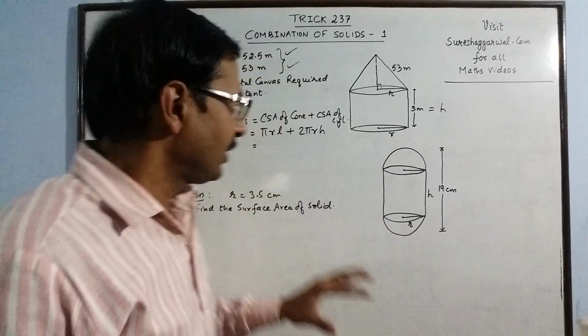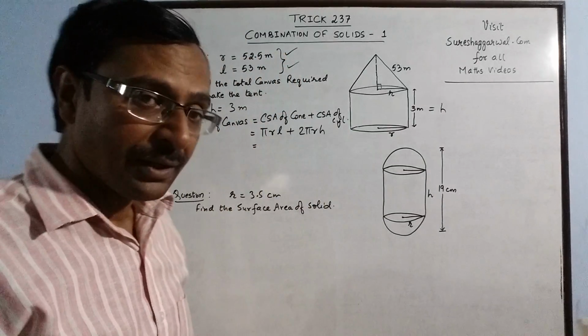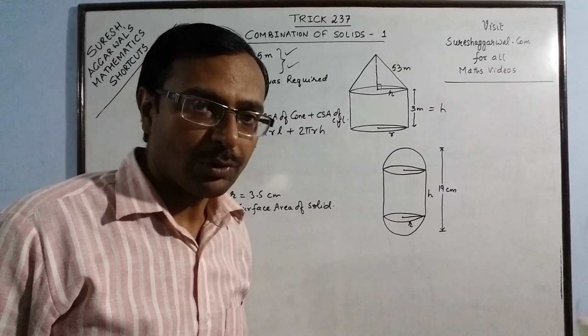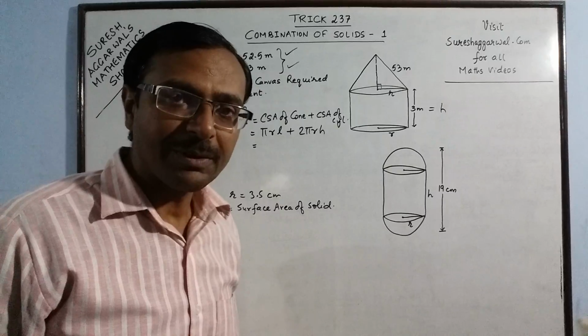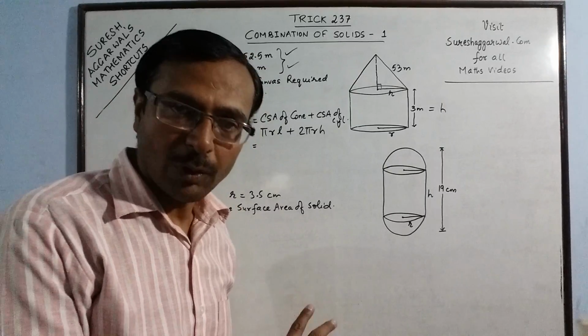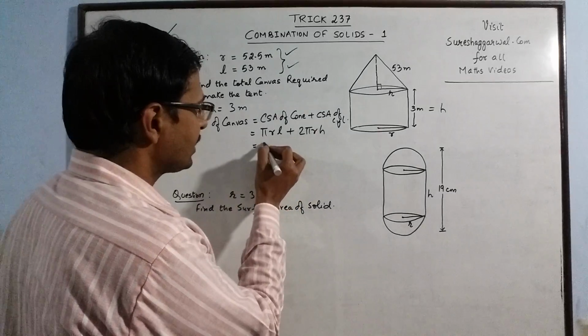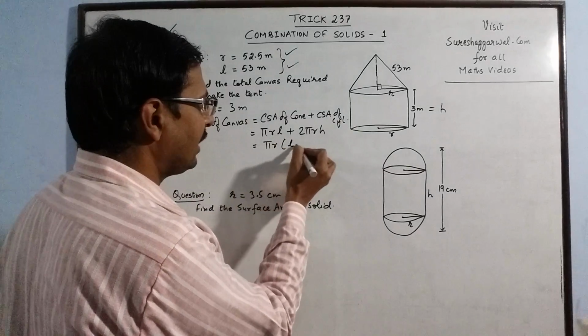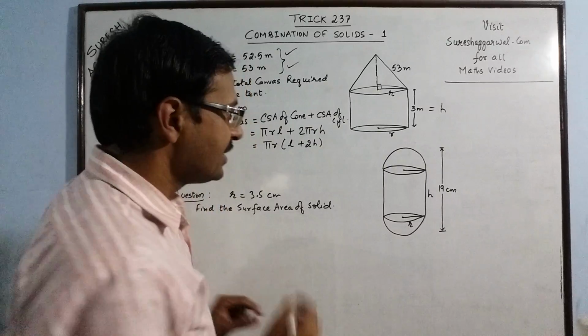But if you write the formulas first and then take the common portion out, pi will be common in both terms, so you deal with pi only once. Now you see pi r is common and L plus 2h is the remaining part. The calculation will become very simple.